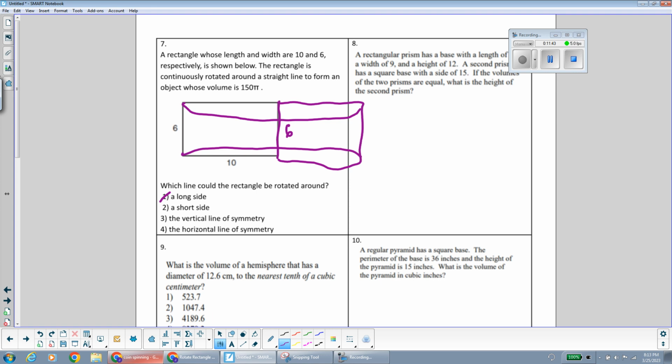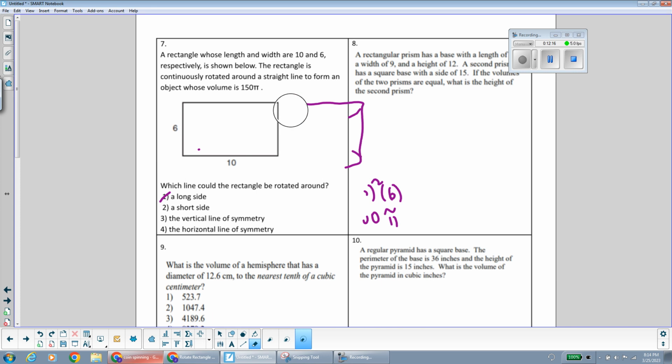So as you can see here, the height is going to be 6 and the radius is going to be 10. So plugging in to my formula, radius this way will be 10 and height up and down will be 6. So let me put that into my calculator. That's 10 squared times 6. So that is actually going to be 600 pi. So that is also not the correct answer choice. So I'm going to erase so we can try out answer choice number 3.